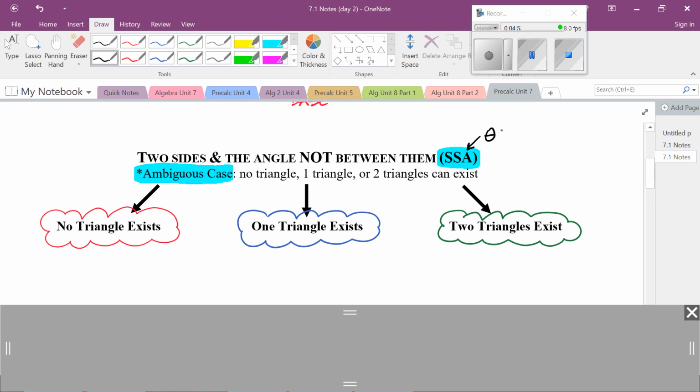No triangle will exist if you take the opposite side of theta and find that it is less than the adjacent side of theta times the sine of theta.